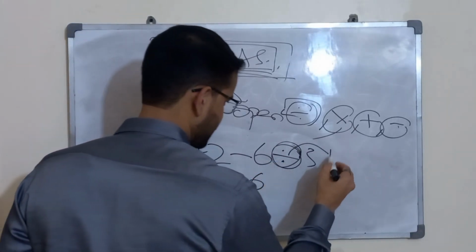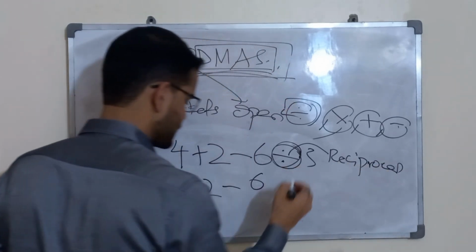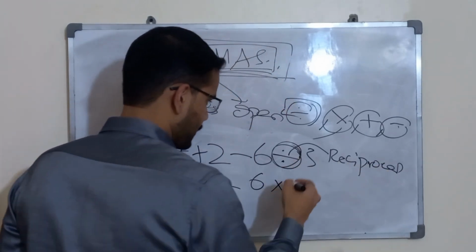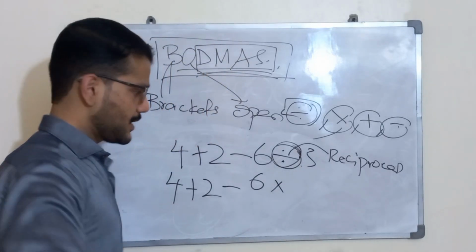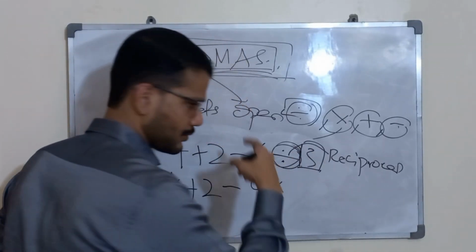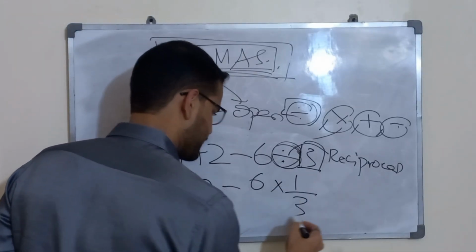This step is called reciprocal. Once you perform the reciprocal step, our division would turn into multiplication, and what is in our denominator would go into the numerator, and what is in our numerator would go to the denominator. Here, this would become 1 divided by 3.